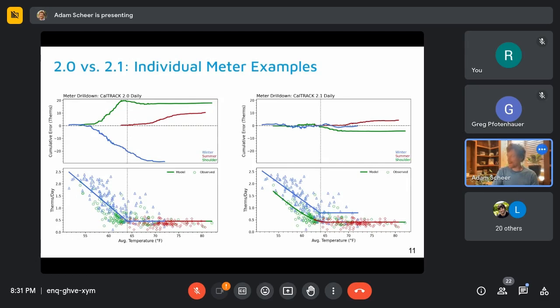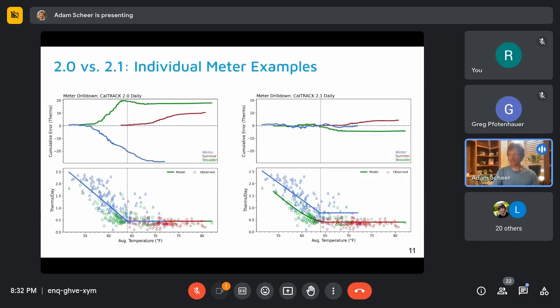Having said that, I think there's no reason, in my opinion, to suspect the model is behaving poorly for the situation you described. If we think about an electric meter, in the situation you described, I would expect that the heating and cooling balance points would be closer together than in a more temperate region.